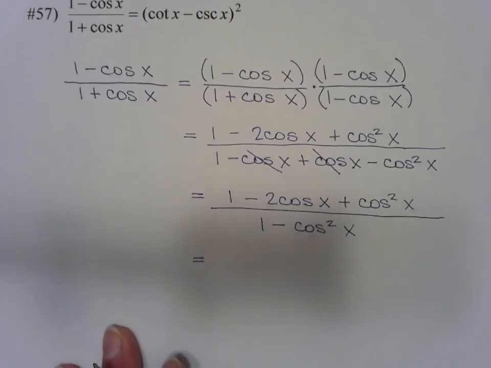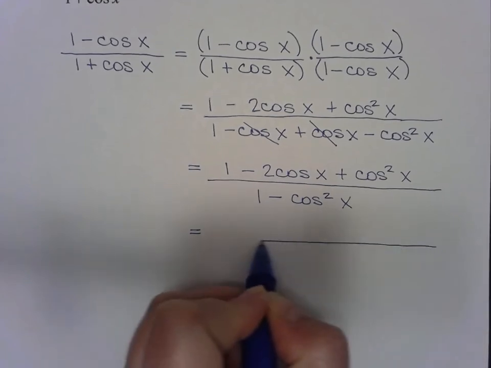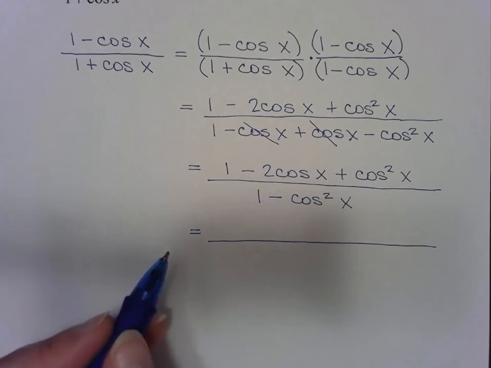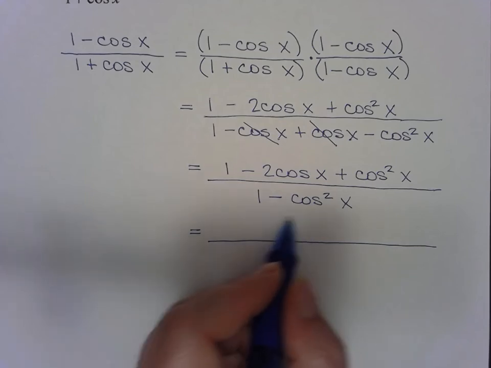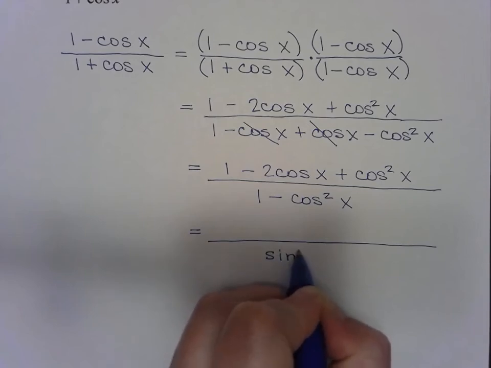This is where that Pythagorean identity comes in. Usually it's cosine squared plus sine squared equals 1. But if I subtract the cosine squared over to the other side, this whole thing is equal to sine squared of x.